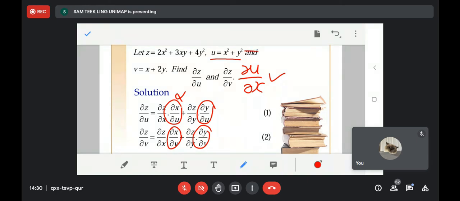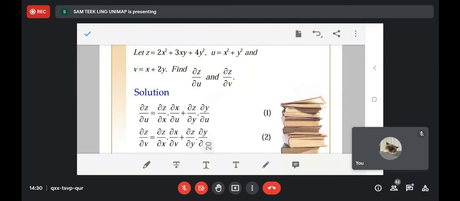The same equation, this equation given. We want to find del x del u. Our formula needs del x del u, not del u del x. So this one. We need del x del u, not del u del x.